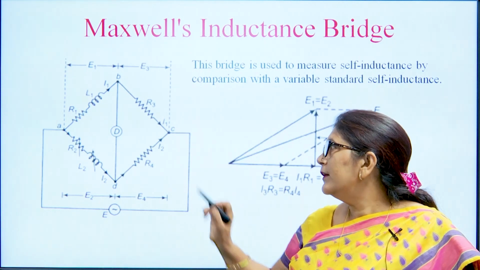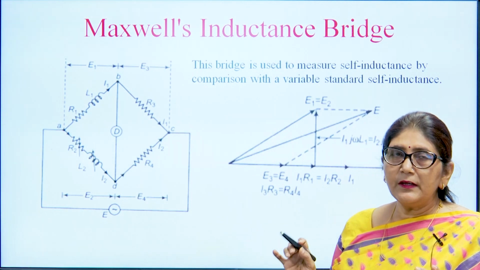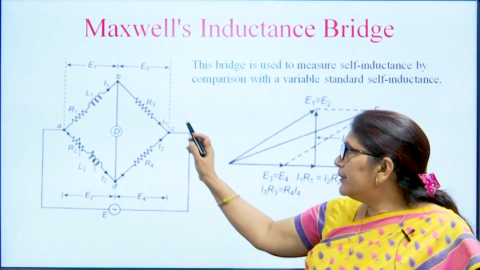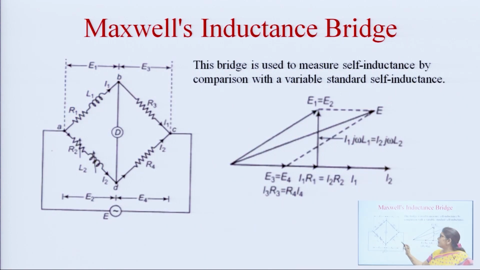Balance condition means there is no current through the detector circuit. We know that when the bridge is in the balance condition, the voltage at point B and the voltage at point D are the same.